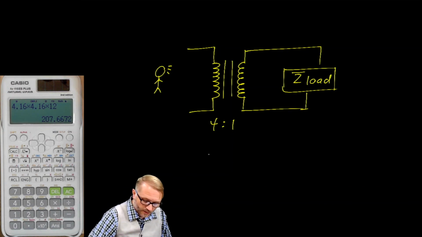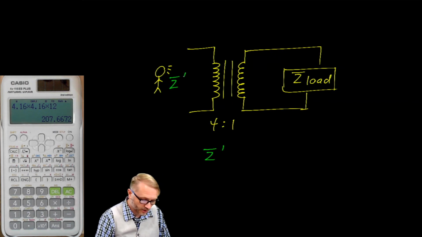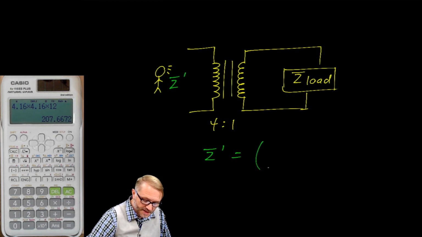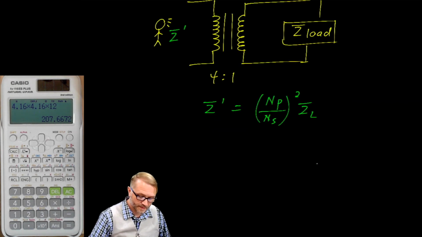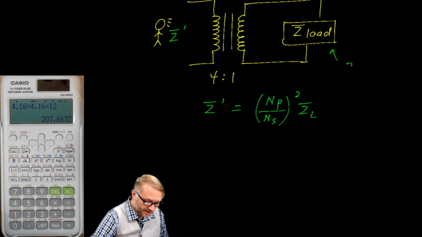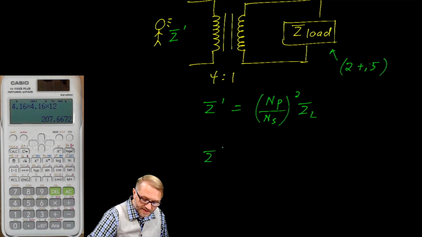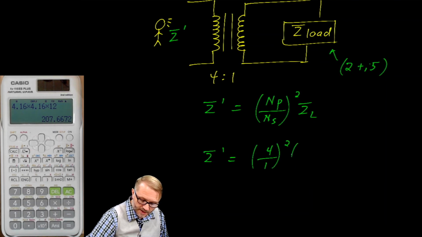Here's the answer, and you'll want to write this on your note card. Z prime, right? The impedance prime that you see looking into a transformer is the turns ratio squared by the original impedance. So if we let this be a 2 plus j5, the impedance looking in would be 4 over 1 squared by 2 plus j5.